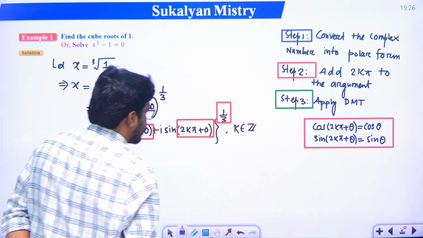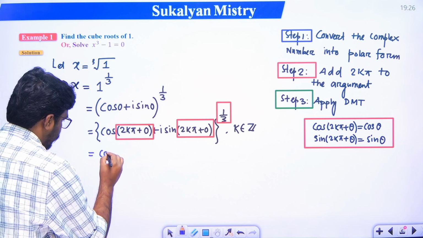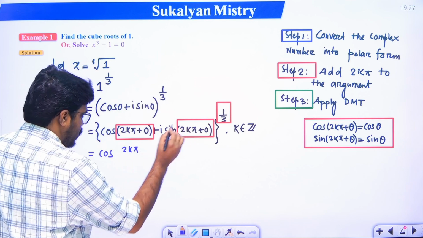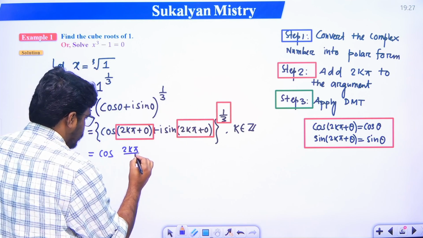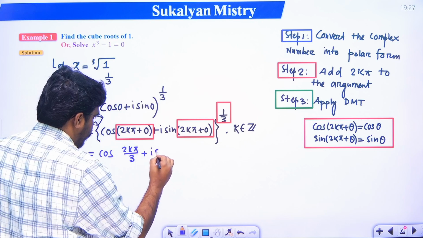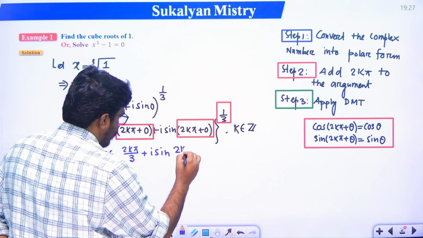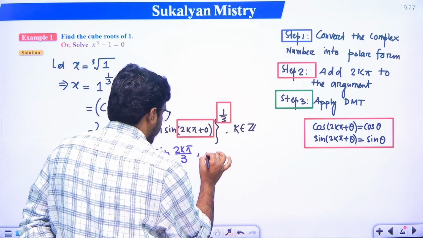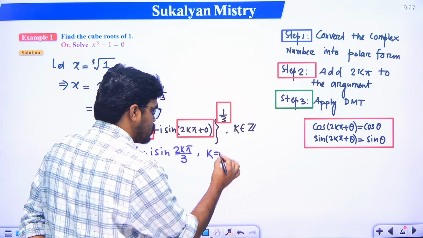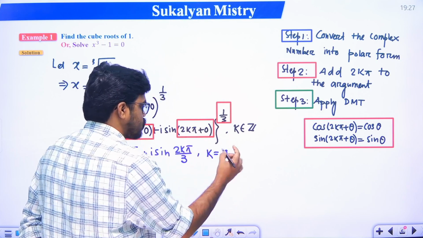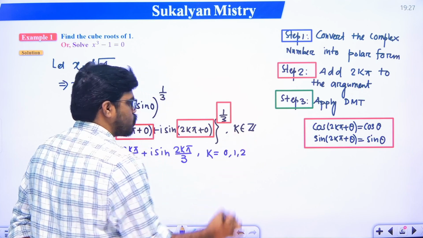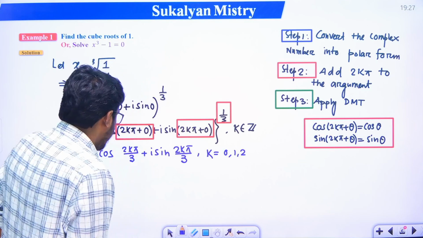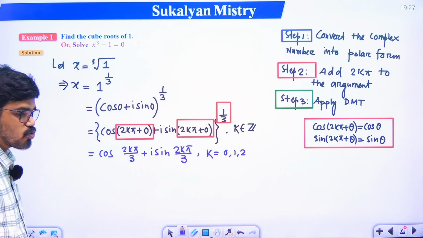So what we get is cos of 2k pi into 1/3, that is cos 2k pi by 3, plus i sin 2k pi by 3. What is k? K starts from 0, so there are 3 values: 0, 1, 2. If it were 4, it would be 0, 1, 2, 3.